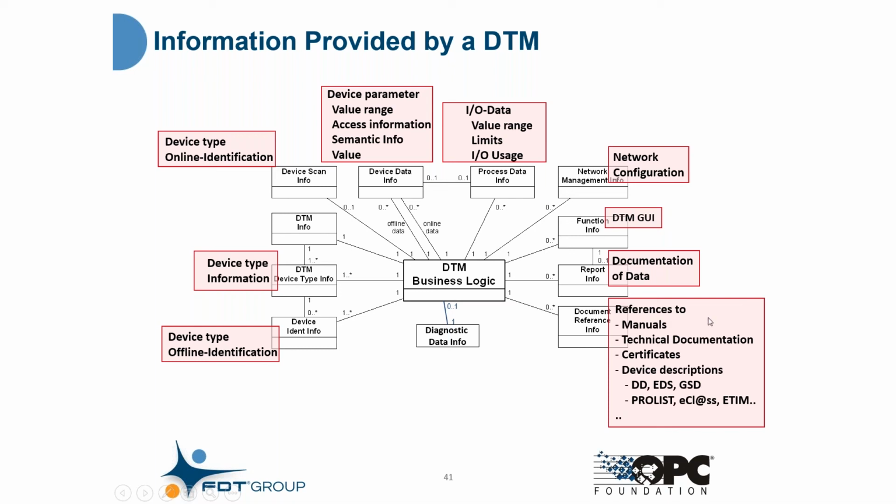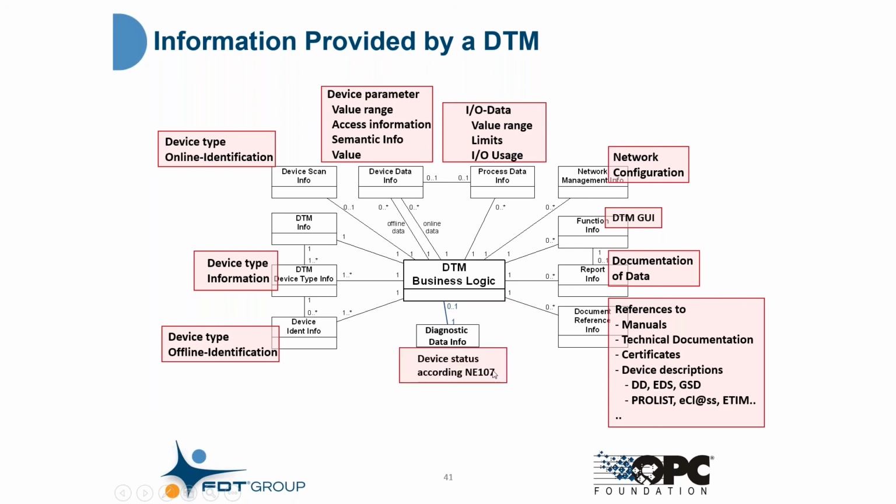So it's actually mandatory for some DTMs to provide things like EDS or GSD. Also, it's possible to support device description based on ProList and eClass or eTIM. And yes, the device status is provided according to NE 107.